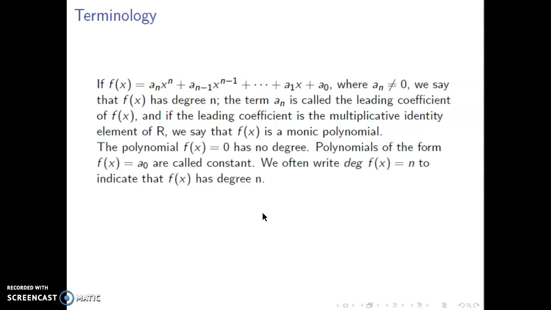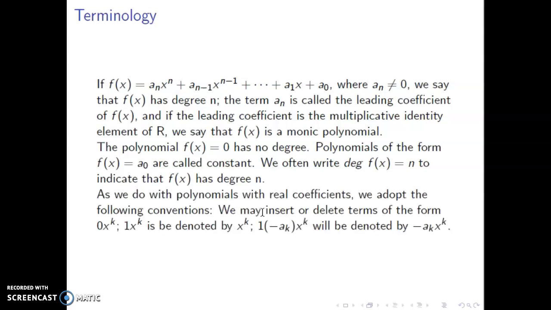The polynomial f(x) equal to 0 has no degree. Polynomials of the form f(x) equal to a_0 are called constants. We usually write degree of f(x) is equal to n to indicate that f(x) has degree n.